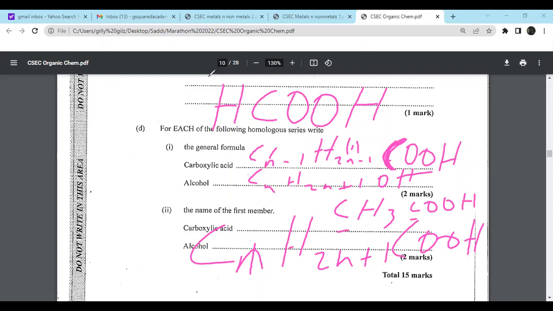All right. So that is why I use the formula Cn-1 H2n-1 COOH. We're going to try that now with 2 carbon atoms. So this is 2 minus 1, and 2 times 2 minus 1. That's 4 minus 1, that's 3. So that would work out to be CH3COOH.